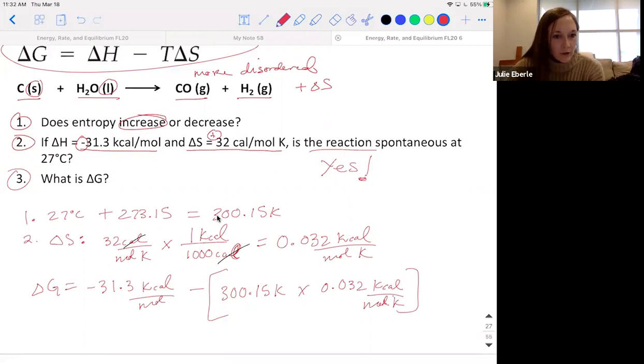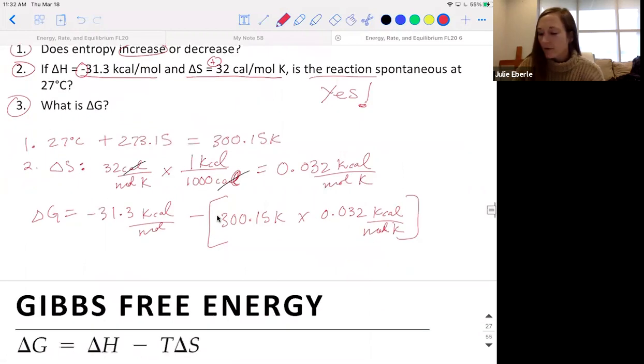Okay, Allie, is that the answer overall for delta G? 21.7 or so? Anybody else get that? What you need to do is 300.15 times 0.032, and then you'll do negative 31.3 minus that. And then let me know if you get 21.7 for your delta G.